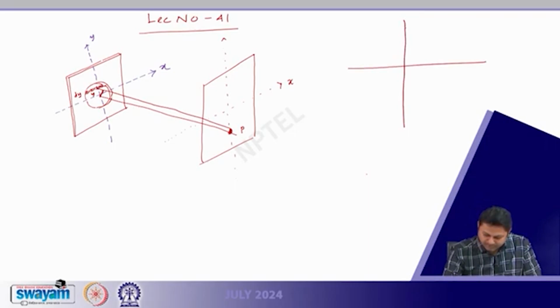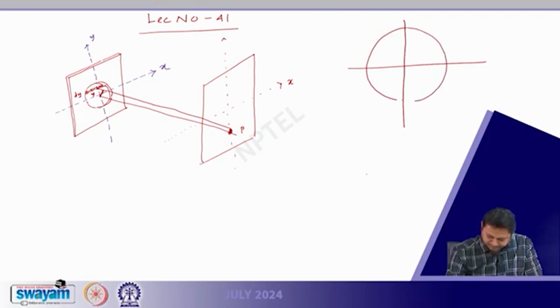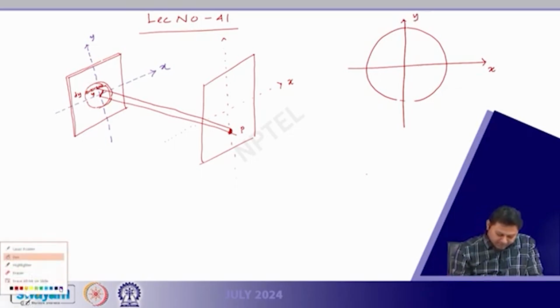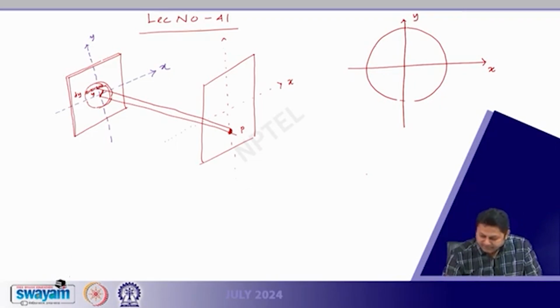So I have the circular aperture. This is my x coordinate, this is my y coordinate, and over a distance y I have a small strip here.